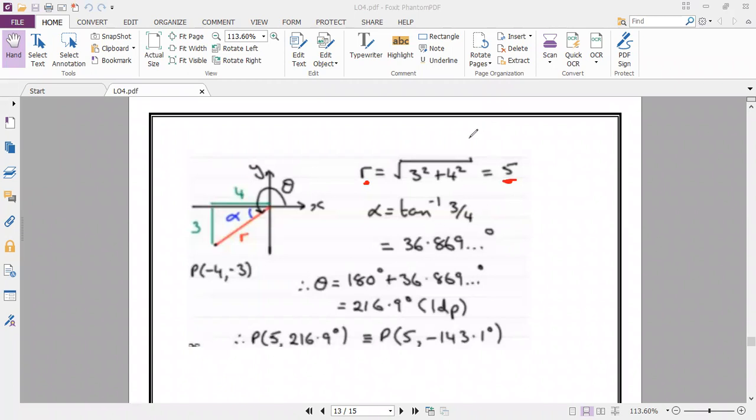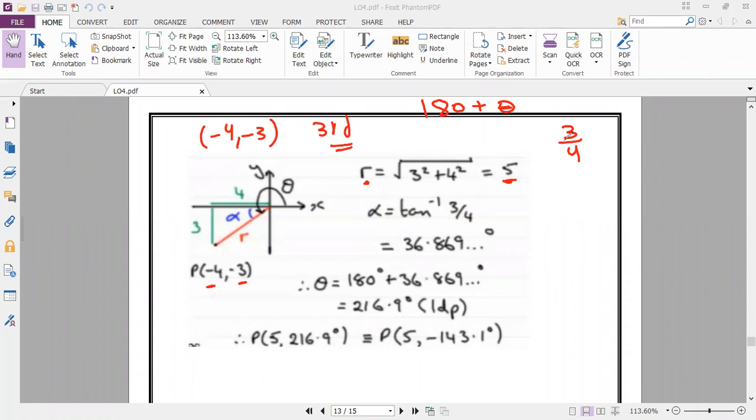When it comes to the angle, (-4, -3) lies in the third quadrant. In the third quadrant, after finding the acute angle, it's 180 plus theta. So you hit on the calculator shift tan, y over x, 3 over 4.